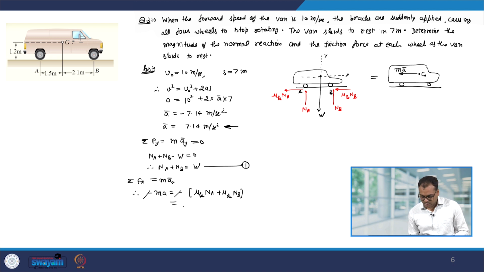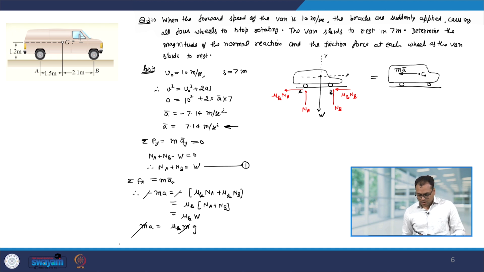So, I have mu k times NA plus NB, and from equation number 1, NA plus NB is equal to W. So, therefore, this is equal to mu k W, or m a equal to mu k, W is m g, m will get cancelled, and the value of A we already know.